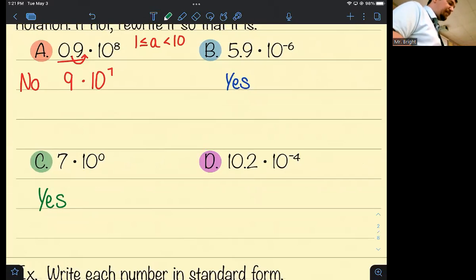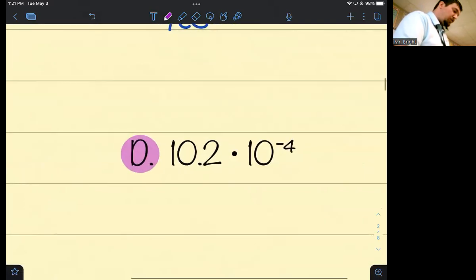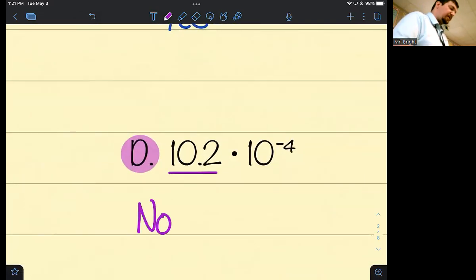And the last one, 10.2 times 10 to the negative 4th. Jimmy, scientific notation or not? It's not. What would you need to change the factor in front of the 10 to so that it's between 1 and 10? So what would you write?